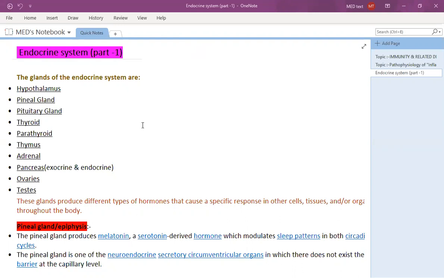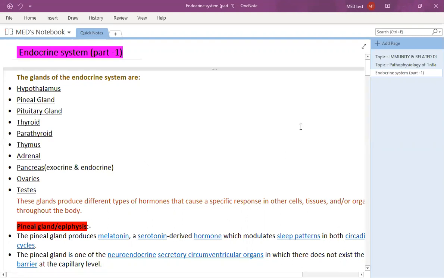They include hypothalamus, pineal gland, pituitary gland, thyroid, parathyroid, thymus, adrenal, pancreas, ovaries, and testes. These glands produce different types of hormones that cause a specific response in other cells, tissues, and organs throughout the body.